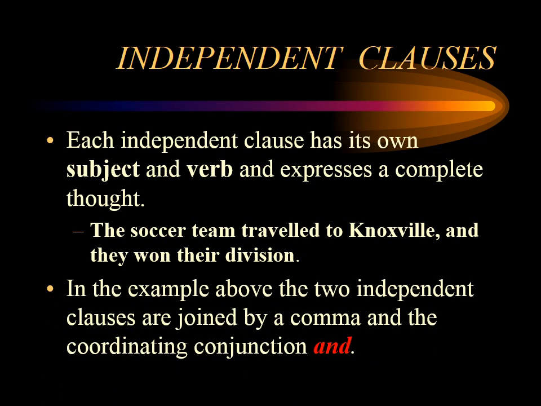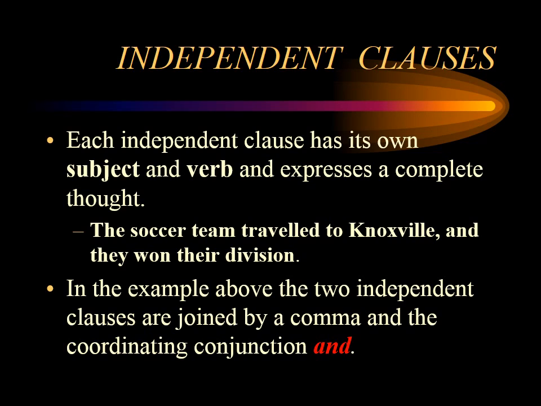In the example above, the two independent clauses are joined by a comma and the coordinating conjunction and. So let's go back to the example. The soccer team traveled to Knoxville and they won their division. Can we identify the two independent clauses there?